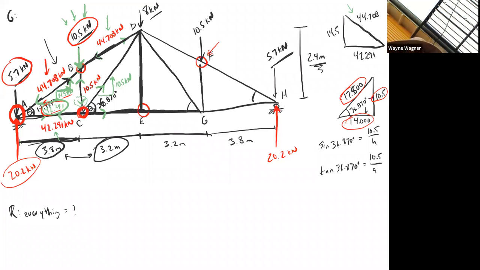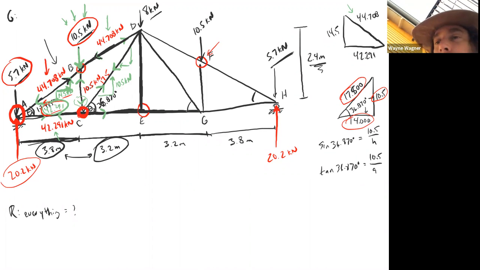Now that we've got that, I know that this side is 17.5. So here's my 17.5, let's do it in red. Which means we've got 17.5 right here, and that 17.5 is 10.5 down, 14 to the right. Now I can go down to this joint C and think about all of my x forces there.